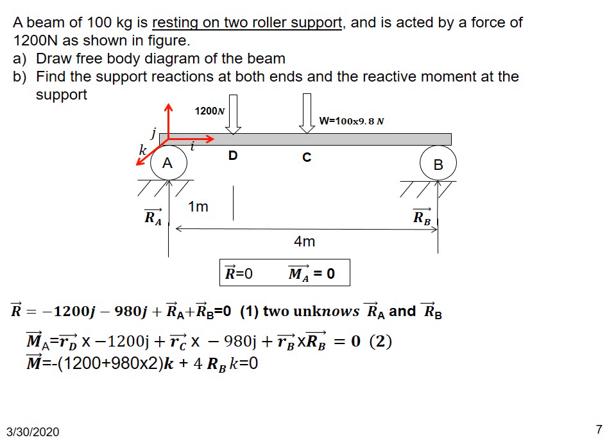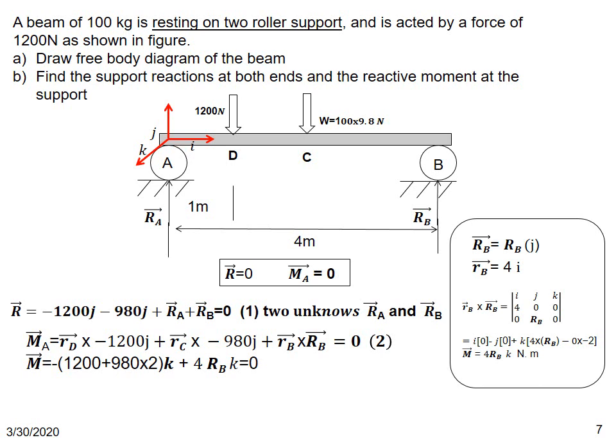Because it is at the center, rC must be 2i. I did not show that in this equation, but remember that the weight is acting at the center of the beam, therefore rC is 2i cross 980J, plus rB cross capital RB, which is the reaction at B.